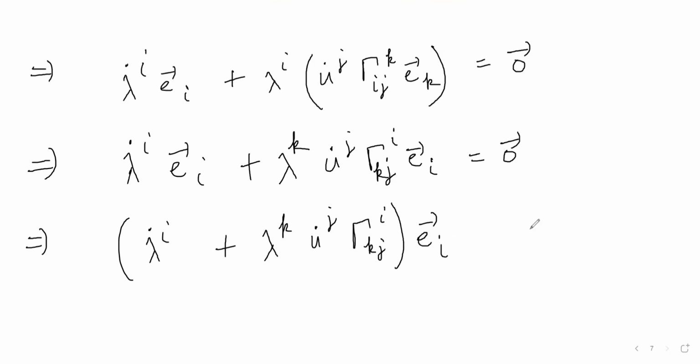This is equal to 0. So we got lambda dot i plus lambda k u dot j, Christoffel symbol i kj, and then outside we got e i.